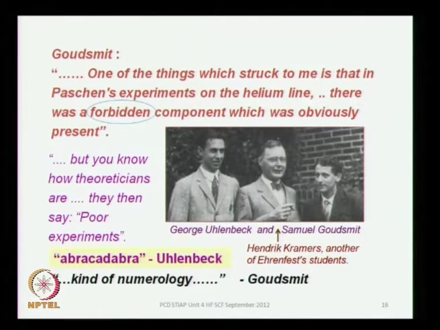To explain those spectra they made a guess and said that there has to be an additional source of angular momentum, an additional source of magnetic moment, and it just worked, but it worked for no good reason as was known at that time.